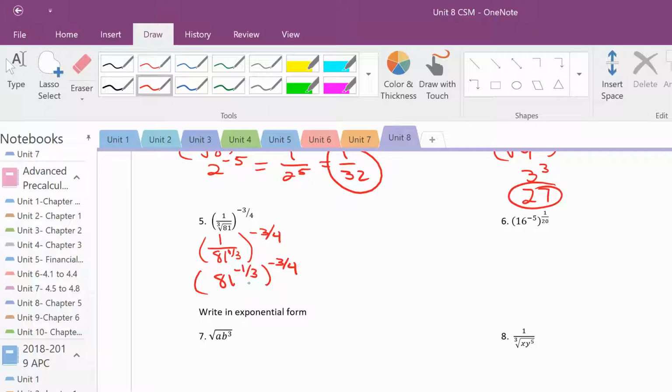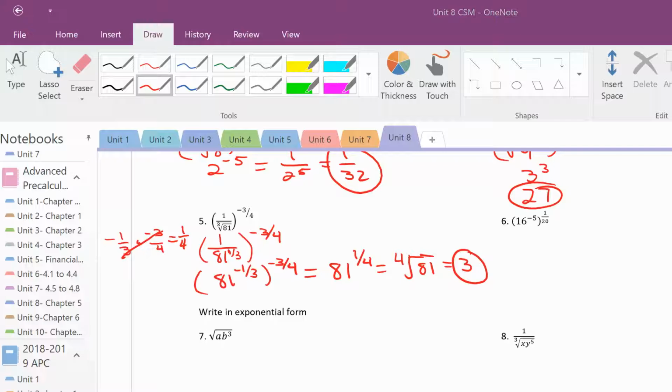And now remember, when you raise a number to a power, you multiply the exponents. So negative 1/3 times negative 3/4 gives you positive 1/4. So basically it's 81 to the 1/4, which means it's the fourth root of 81, which is 3.